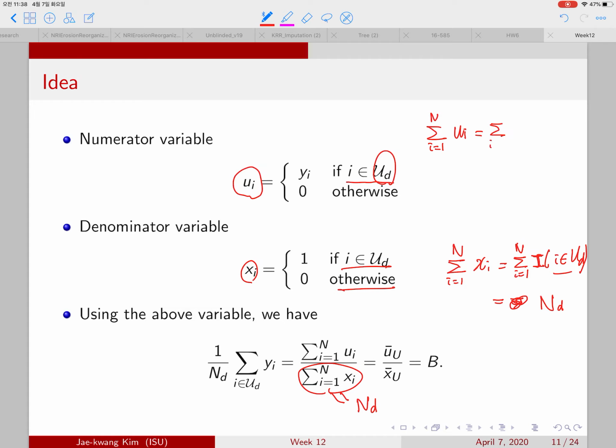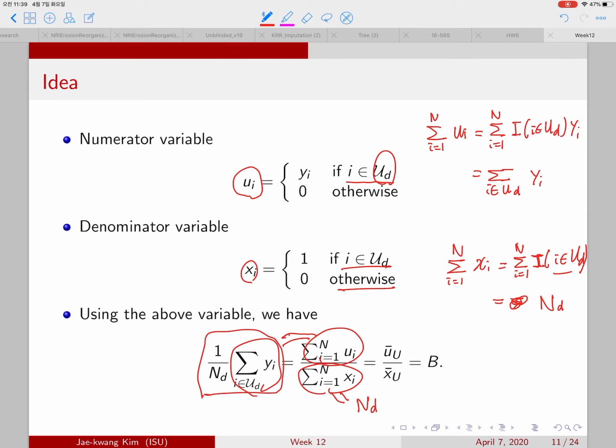That is actually equal to the summation of y_i over i in U_D. So basically we have this equality, and we just showed that this original domain mean can be written as a ratio of two population means.